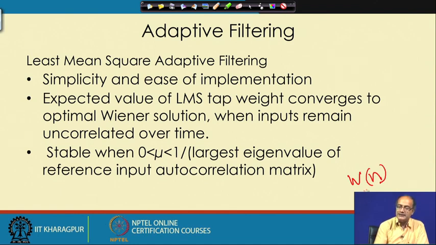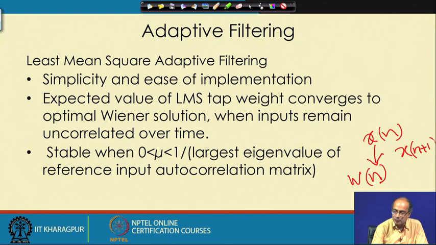So, at each instant, once we get x n, we need to compute W n before the arrival of x n plus 1. So, we have one sampling period as the maximum time to compute the weight.